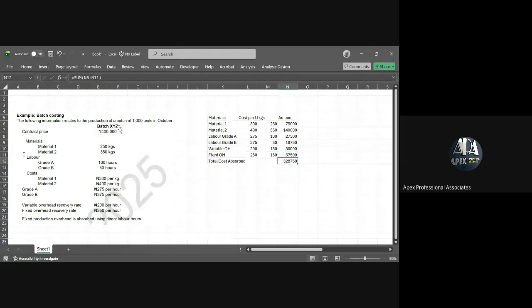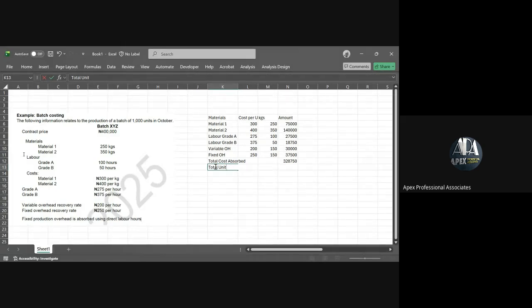We already discovered that we are producing 1,000 units, right? Total units. When we started, I told us that at the end, when we find the total cost for the batch, we will divide it by the total units produced to arrive at our cost per unit.